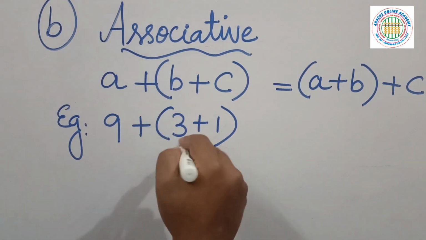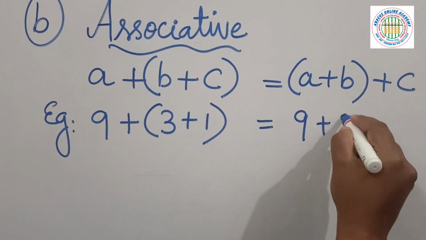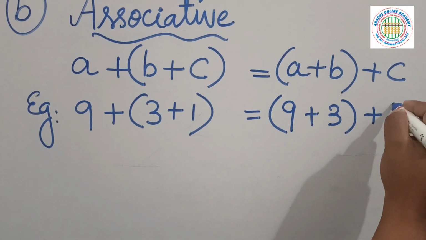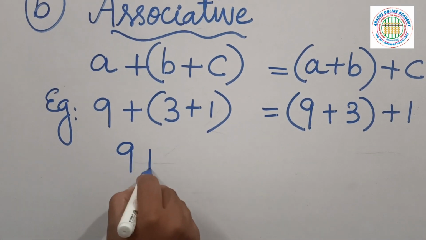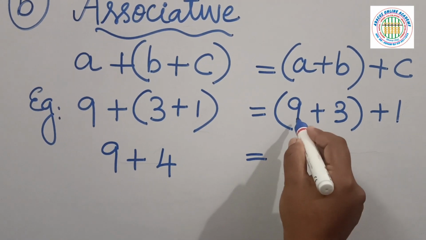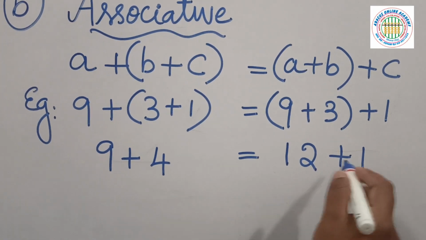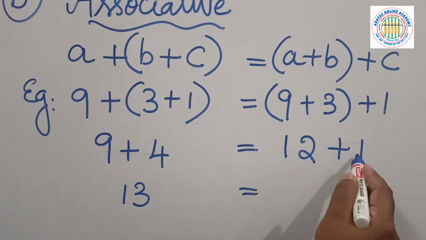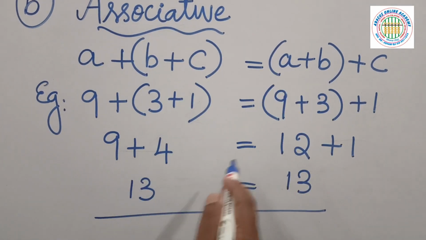If I regroup it this side, that is A plus B, I'll group it, then plus C. Now if I add it, 9 plus 3 plus 1: 9 plus 4 is 13, and here 9 plus 3 is 12 plus 1 is 13. Correct? So these two give you the same answer.